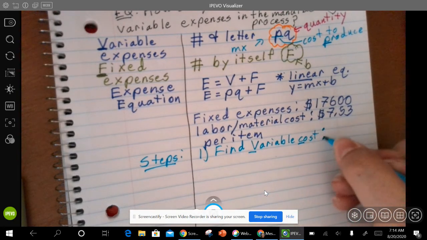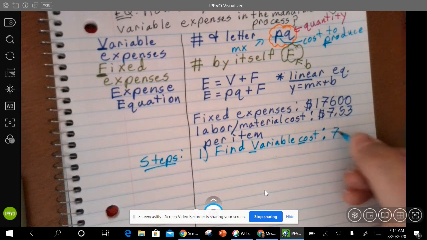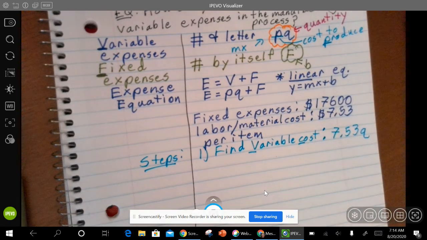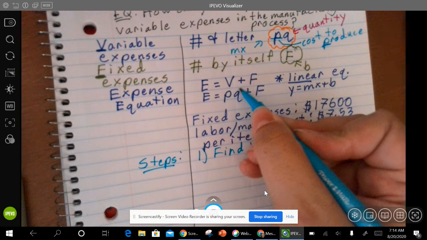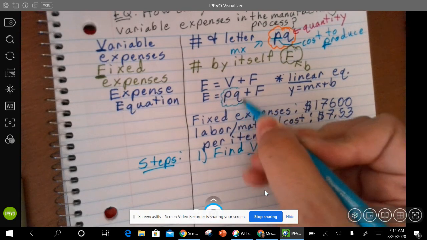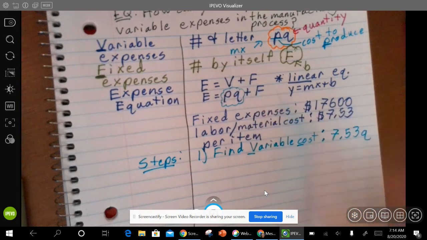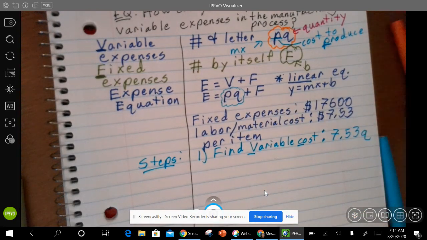Our variable cost is going to be the $7.53 times the quantity. Notice up here, the cost to produce times the quantity, that's our variable cost. And then we need to identify our fixed cost.